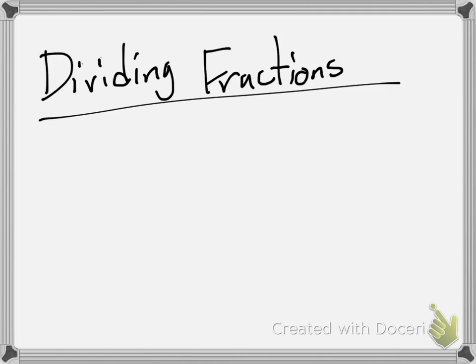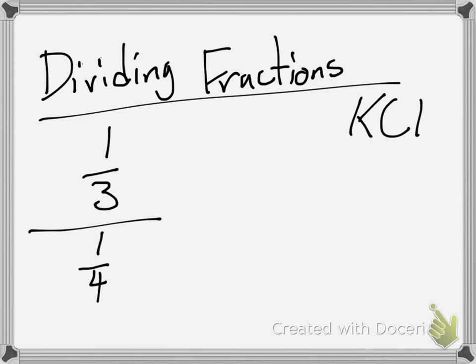Now, dividing fractions. This is something that will occur a lot when you're finding the tangent, because sadly all the unit circle points are indeed fractions. But just for example, if we have 1/3 divided by 1/4, the important thing we have to remember is what you guys call keep, change, flip, which is we keep 1/3 the same, we change this operation, so that's division, we change it to multiplication, and then we flip this fraction.